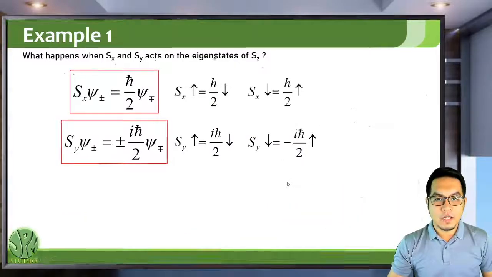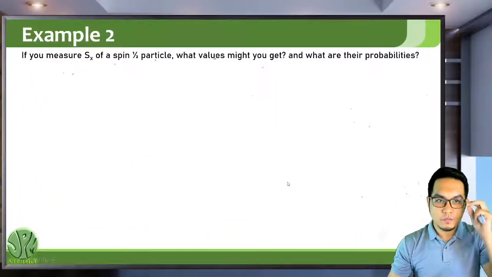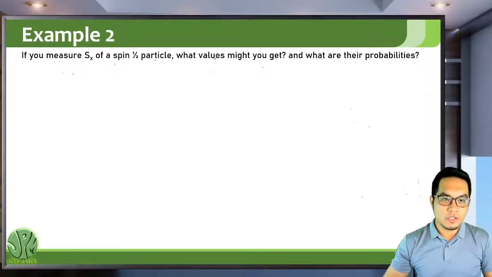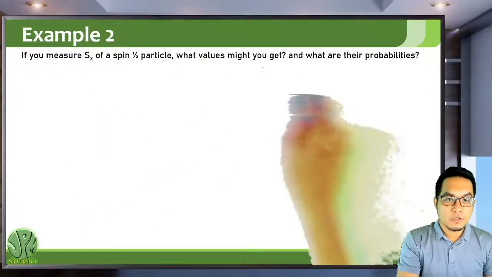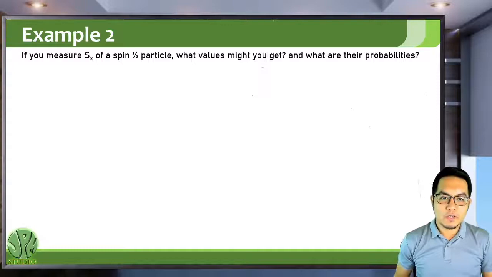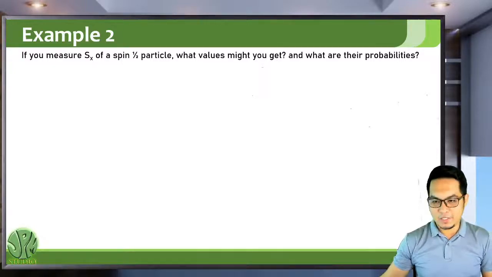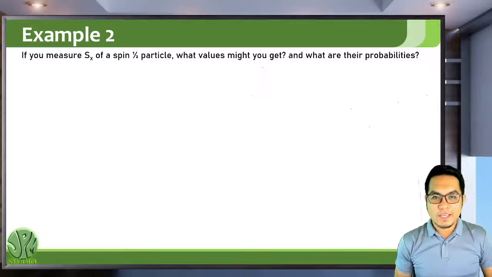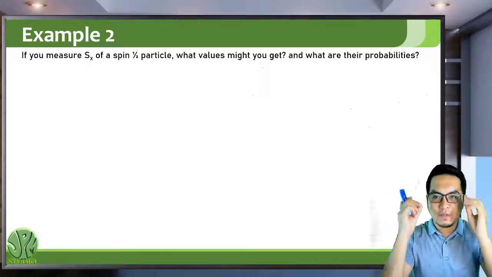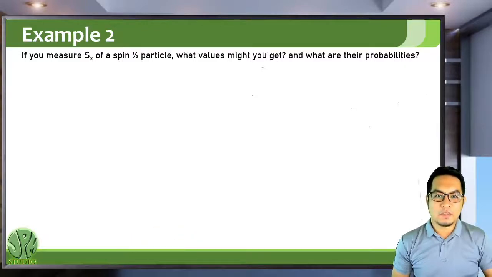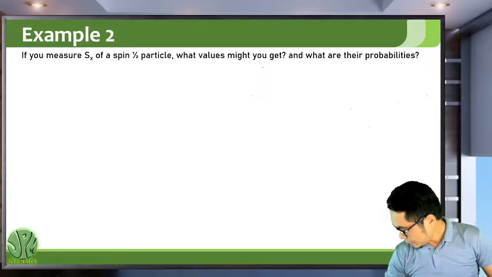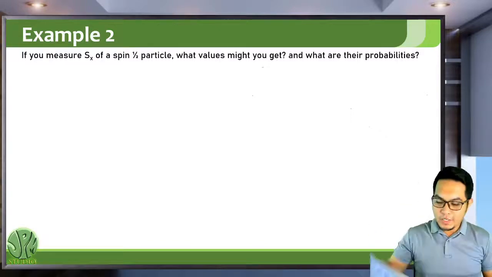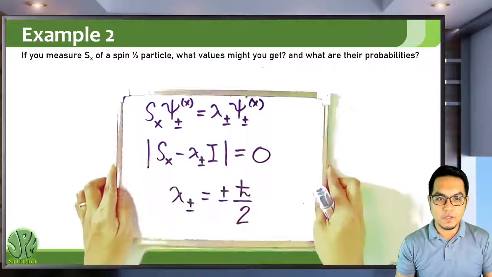Okay, let's go to another example. If you measure the x component of spin angular momentum, Sx, of a spin 1/2 particle, what values might you get, and what are their probabilities? For this case, we will try to find the eigenvalues of Sx and its corresponding eigenfunctions.